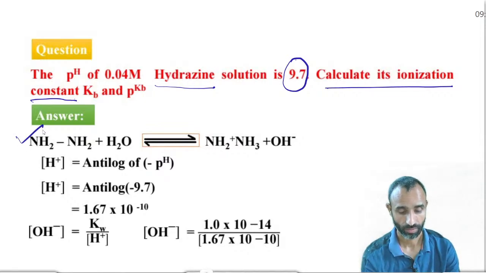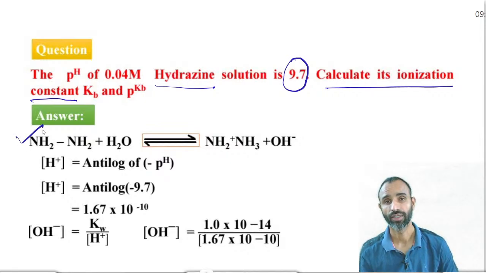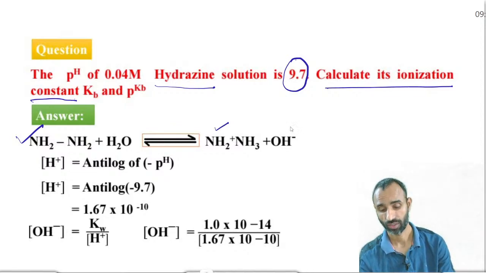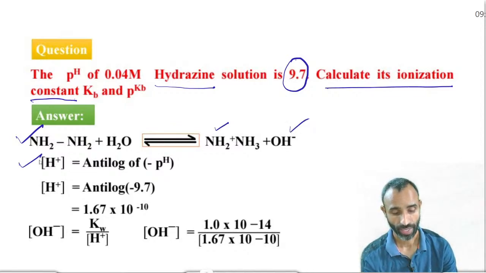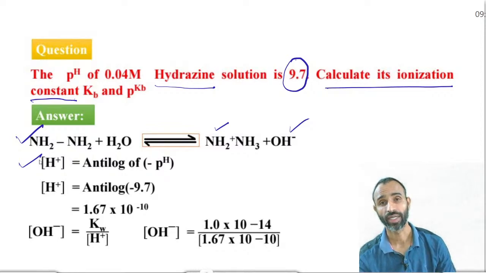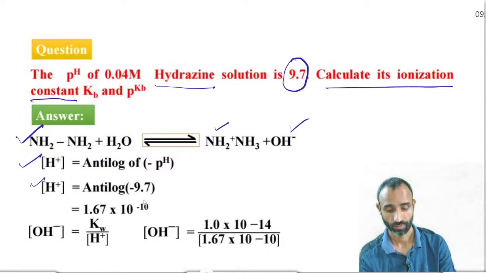So again we start with hydrazine plus H2O to give NH2NH3 plus and OH negative, and H plus is anti-log of minus pH, so H plus is anti-log of minus 9.7.